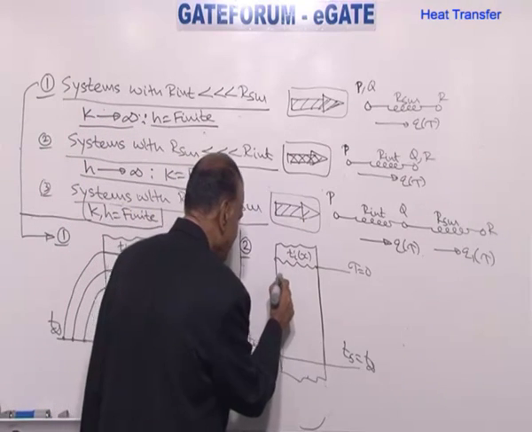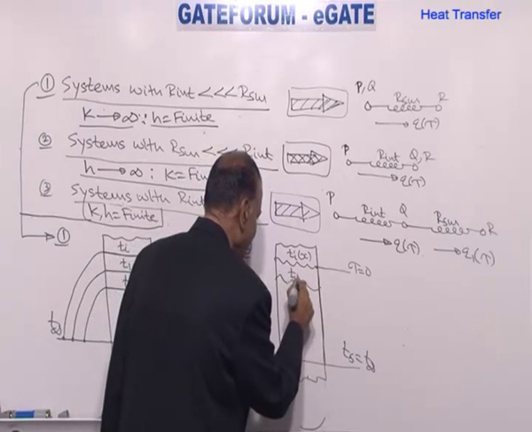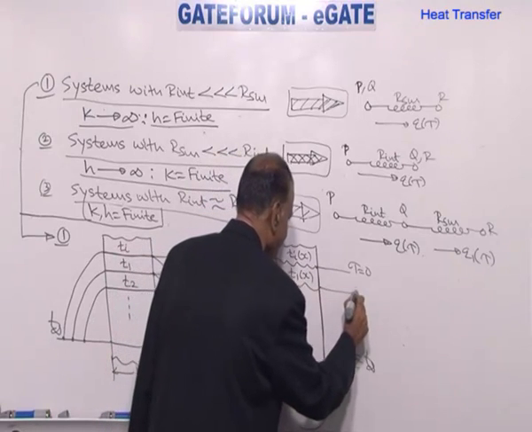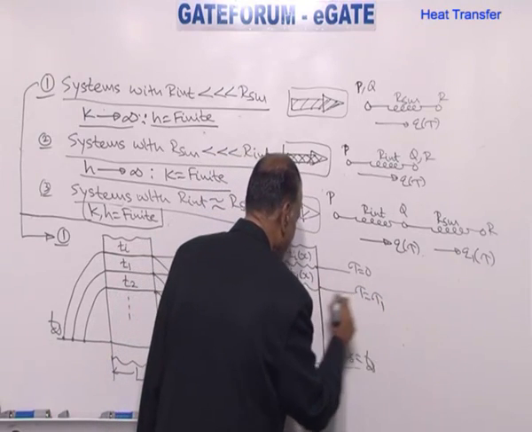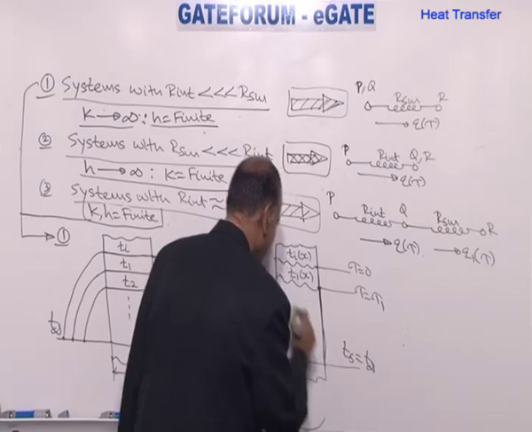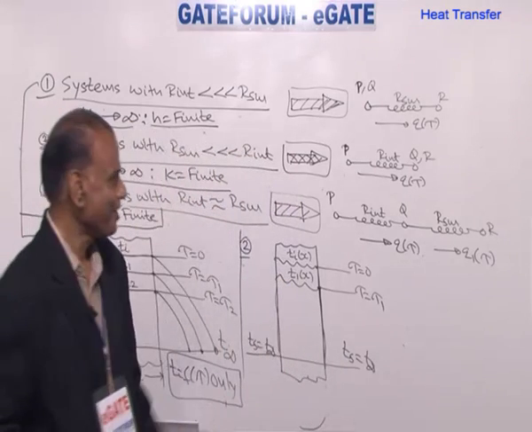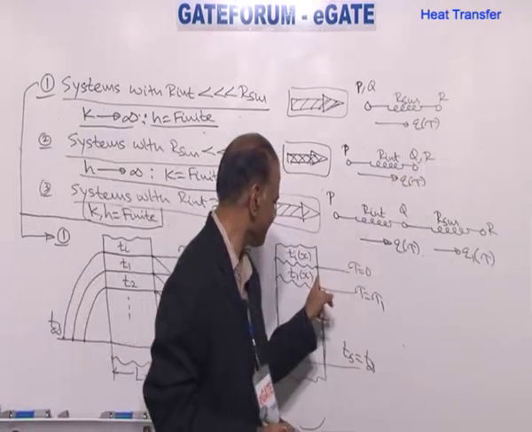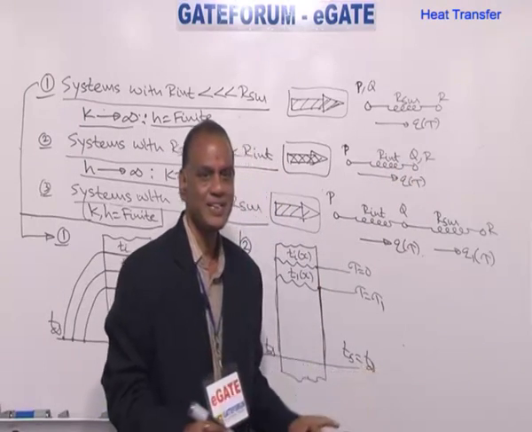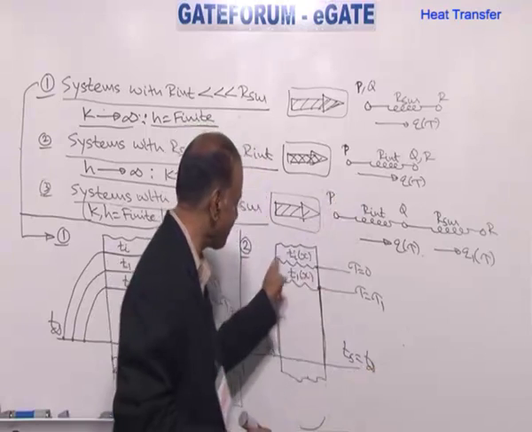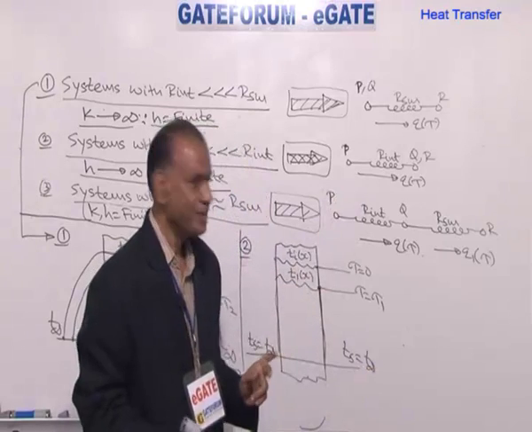If you take some other instant, temperature is becoming some T1(x) inside. But the moment you go to the surface, it is immediately coming down to the fluid temperature. Q is the same as R. Ts is the same as T infinity. But inside, P and Q are different. It's changing.